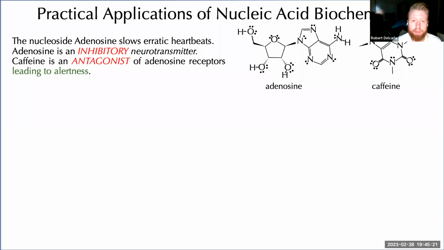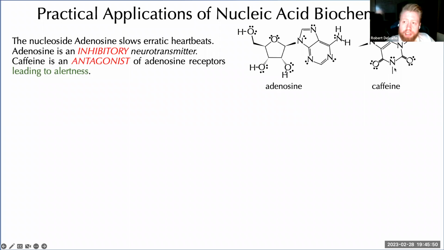So adenosine is an inhibitory neurotransmitter, not just in the heart, but in the brain. And so adenosine active in the brain will make you feel kind of sleepy and groggy because of the neural circuits that it's in. But caffeine, because of its structure, very similar to adenosine, will sit in adenosine's seat, basically.